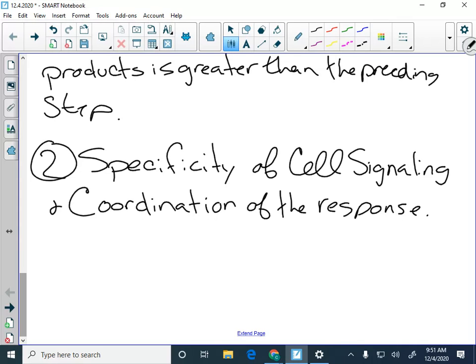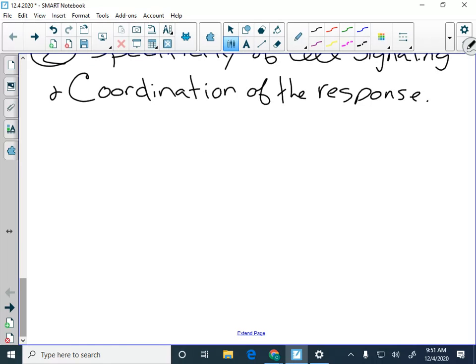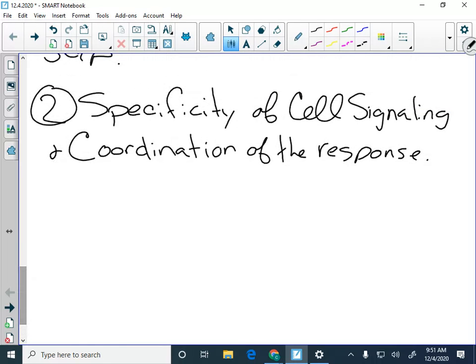This step specifically boils down to the fact that different cells have different collections of proteins.